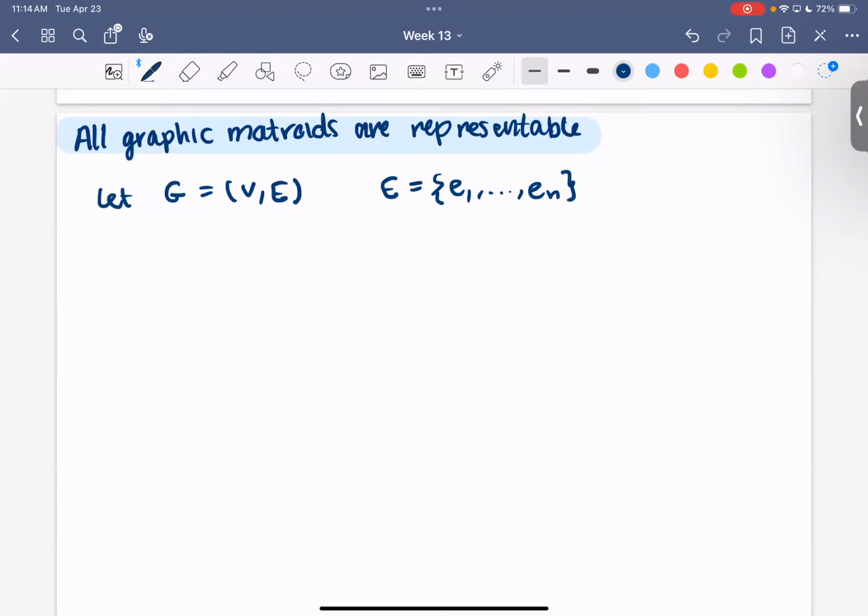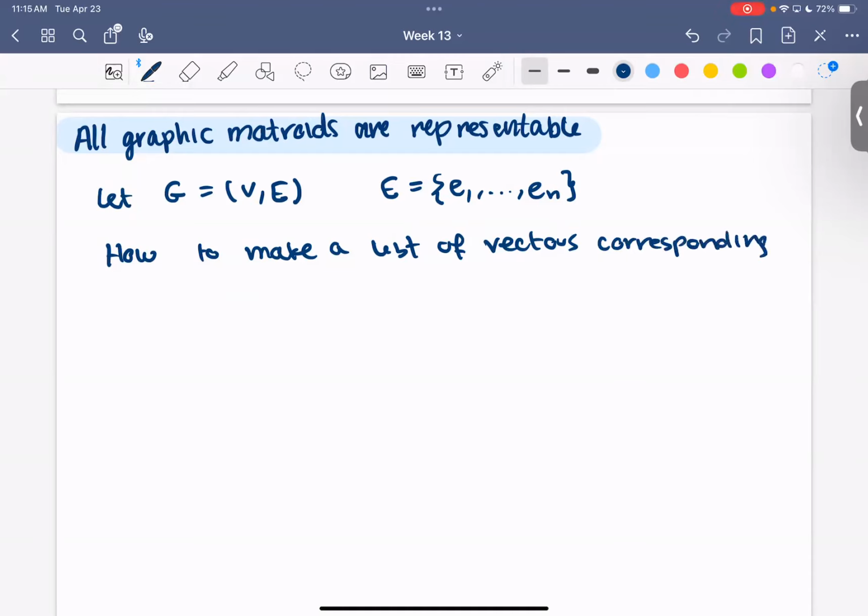Okay, so then how might I make a list of vectors corresponding to the edges such that the corresponding representable matroid of the vectors is the same thing as the graphic matroid of the graph?